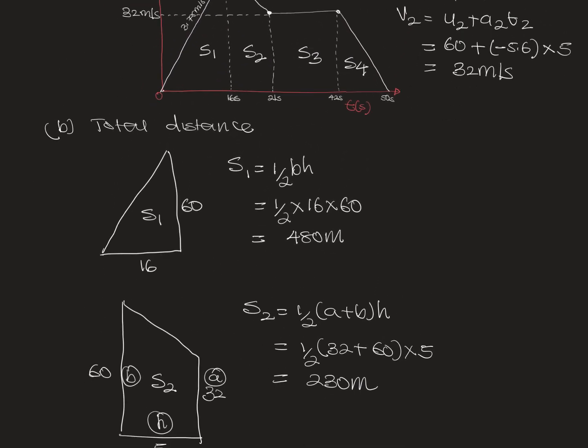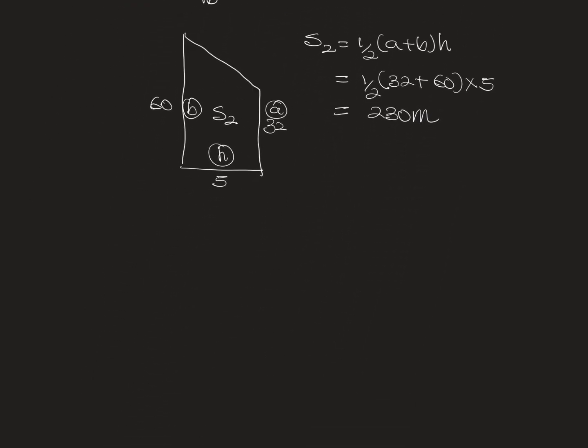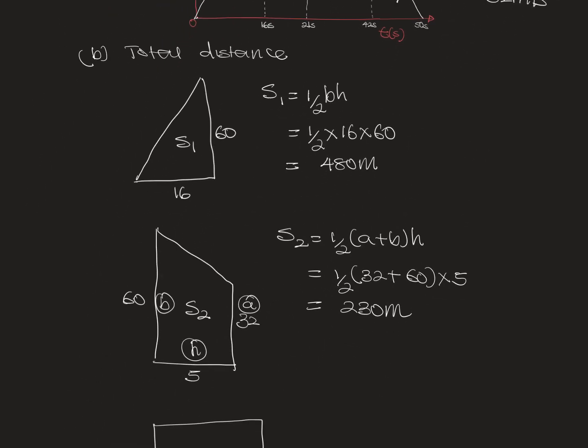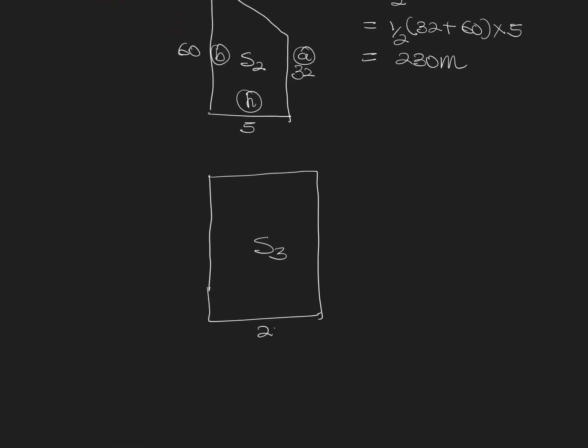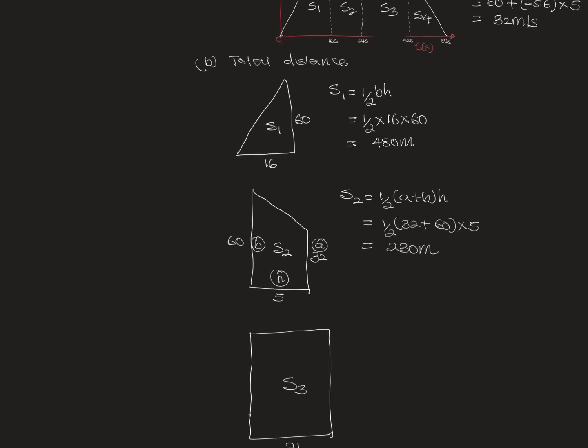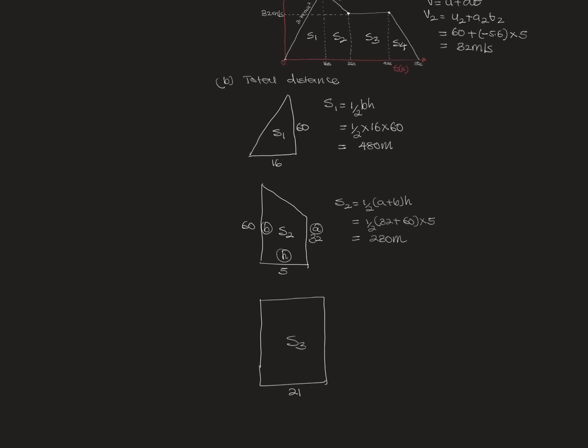So if we should find S3, S3 looks like a rectangle, sort of. What do we have? We have 21 here. How did we get that? If we look at the point between 21 and 42, if you find the difference, it is 21.